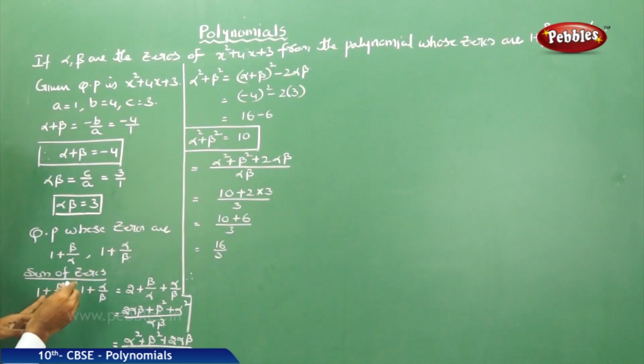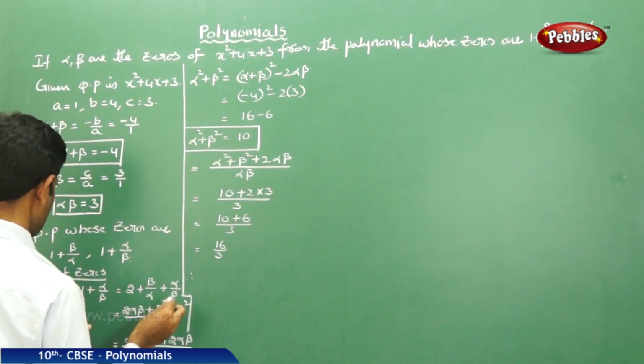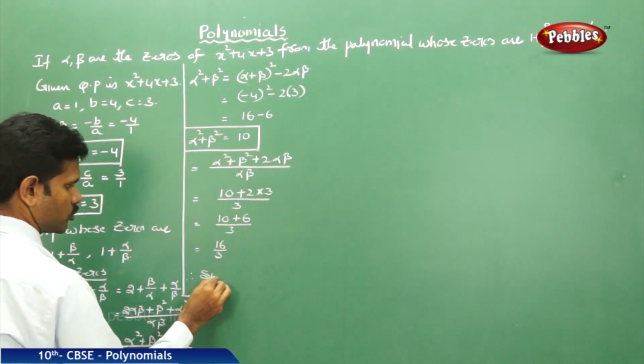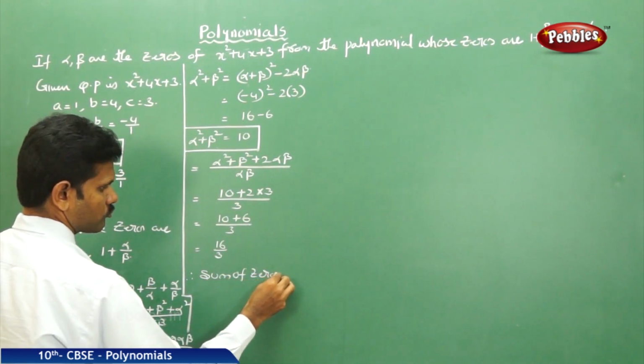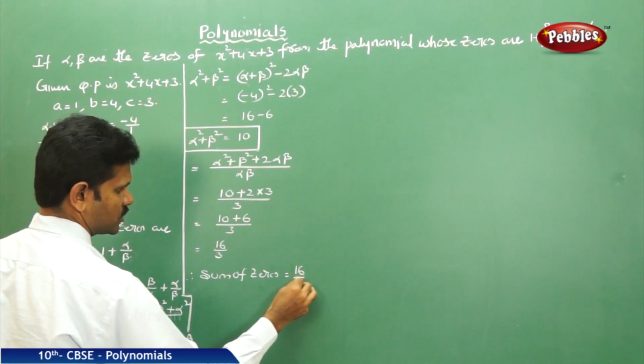Therefore, I got the value of the sum of zeros. Therefore, sum of zeros is equal to 16 by 3.